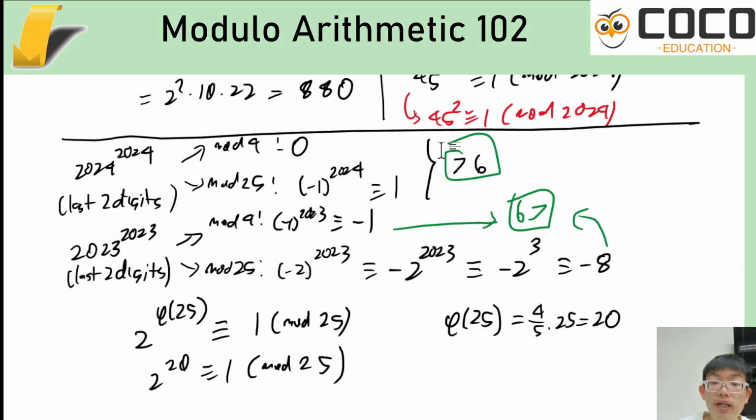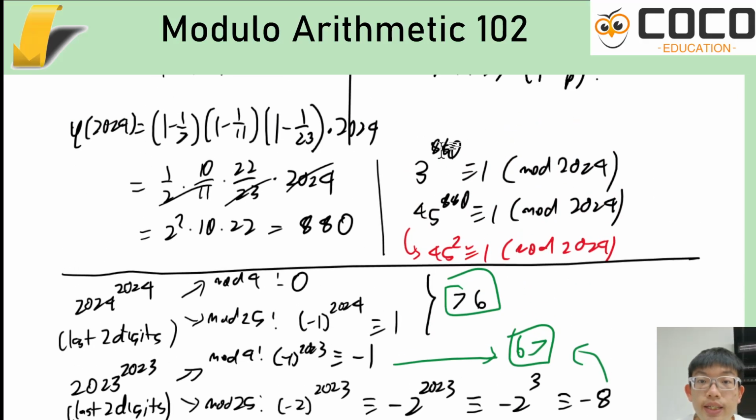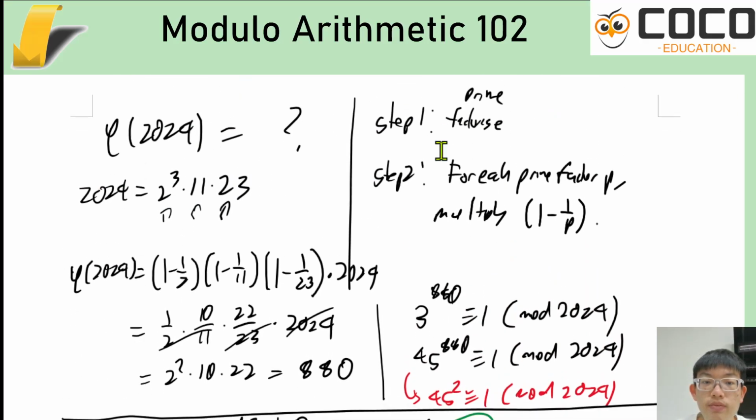To help you remember how Euler's theorem works, we can say that this is kind of like a probability, which is that if I pick a random number from 1 to 2024, the chance that it is not divisible by 2 is 1/2.